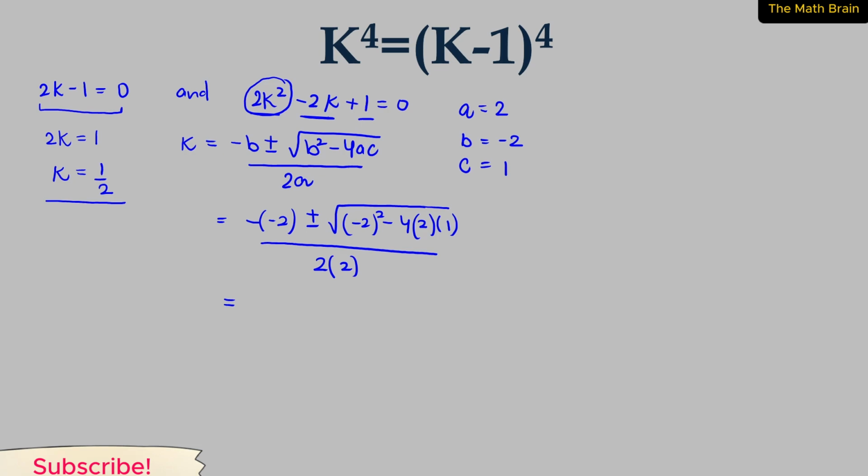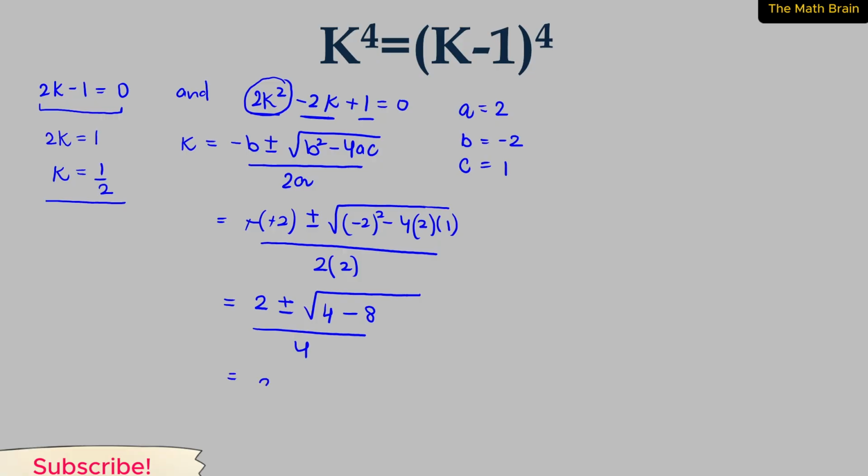Then here we will get plus 2 plus minus under root 2 twos are 4 minus 4 twos are 8 upon 4.